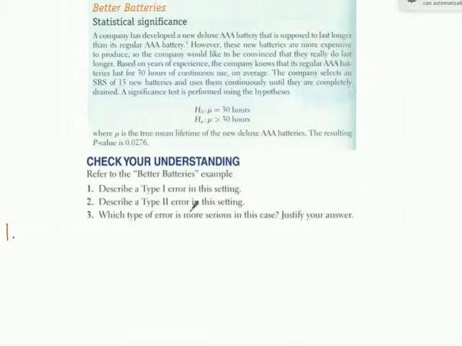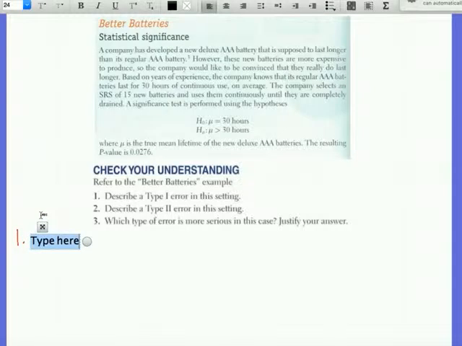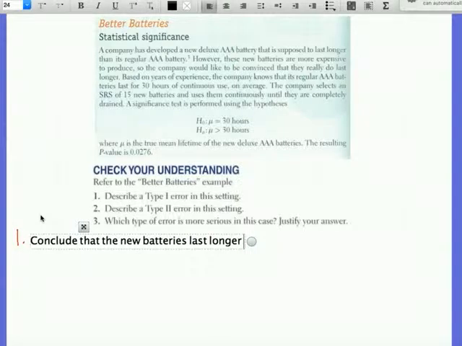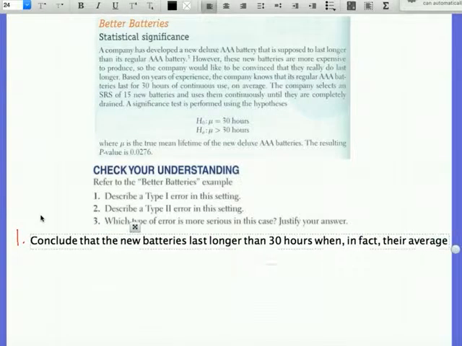So in this case, for type 1, we would conclude that the new batteries last longer than 30 hours when, in fact, their average lifetime is equal to 30 hours.